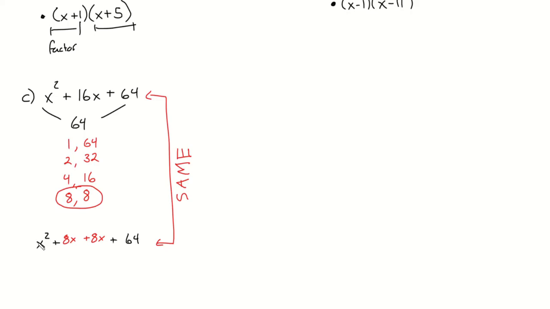Now, by finding these numbers, I'm going to add my groupings, and we're going to see something super convenient happen. Vincent, what is something that goes into both x squared and 8x? So we can't take out the 8 because it's not here, but they do both have an x, right? If I take an x out, what stays behind? So not the square.